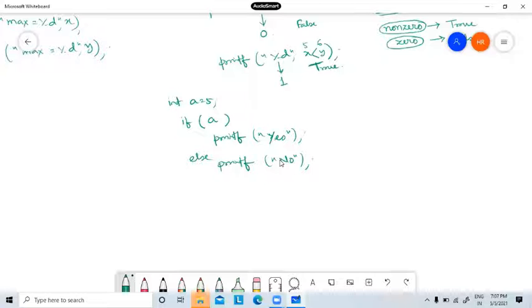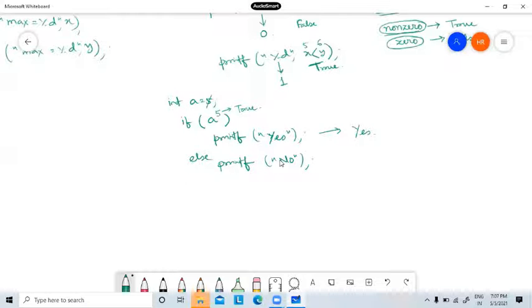What is the value of a here? The value of a is 5. Now I have already told you any non-zero value is true. So 5 is a non-zero value. What is the meaning of this? This is true. So it will give you output yes.